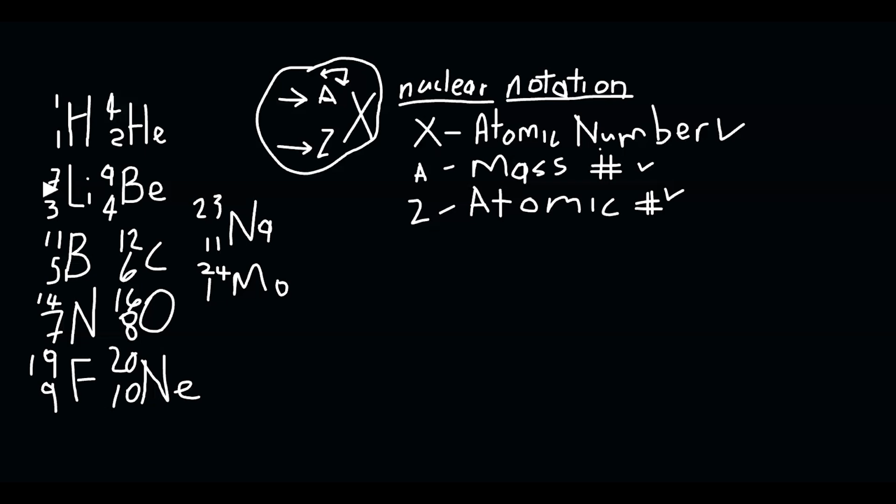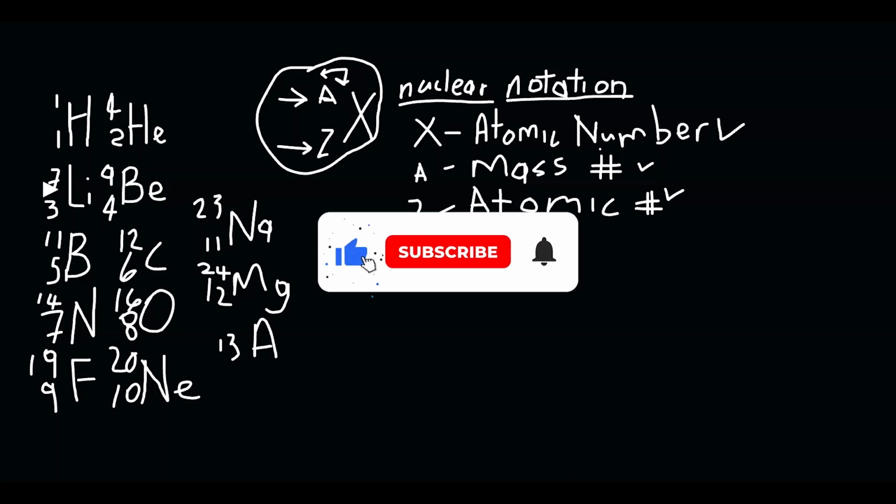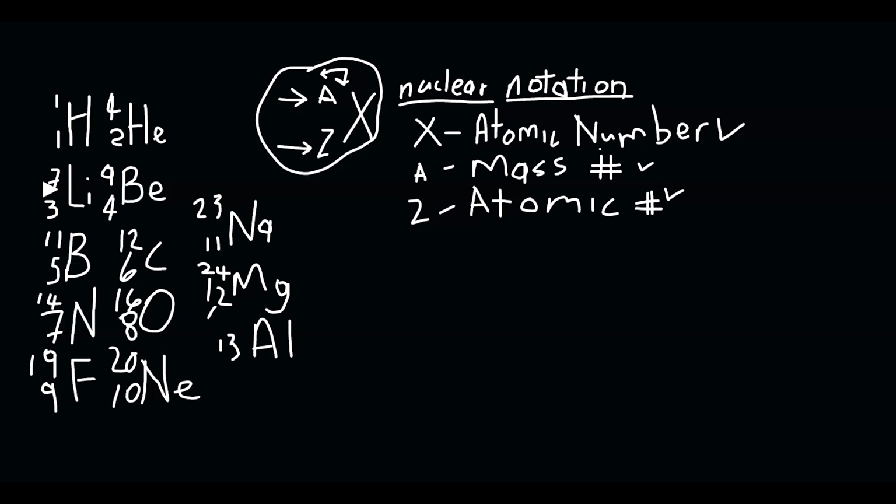And then next one, aluminum. Atomic number 13. And mass number 27. Good. Next one, silicon. Symbol is Si. What's the atomic number? Go ahead. 14 and mass number 28.